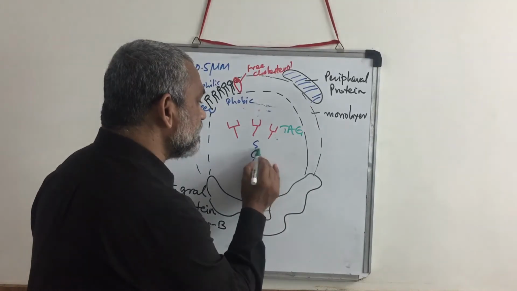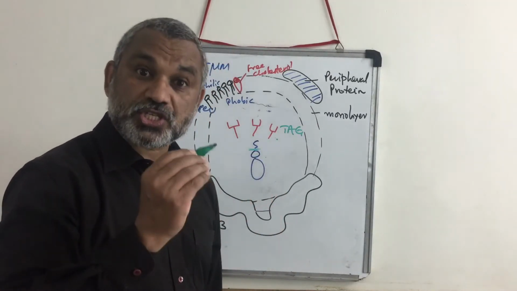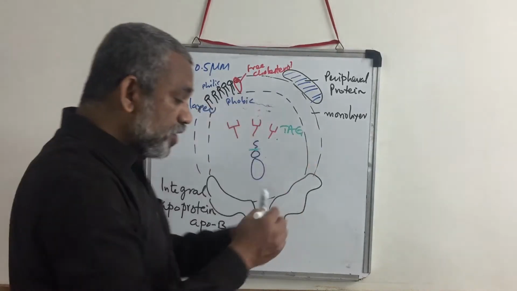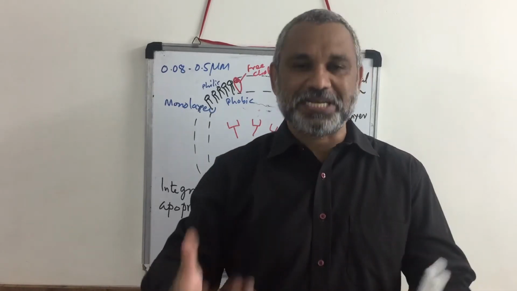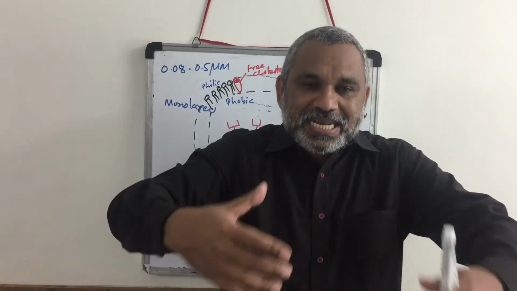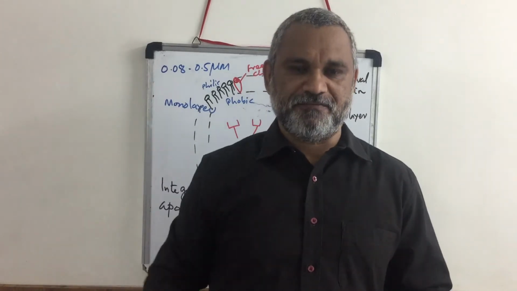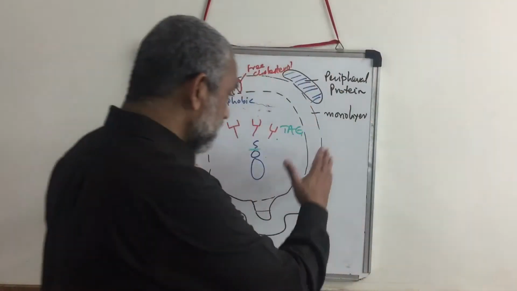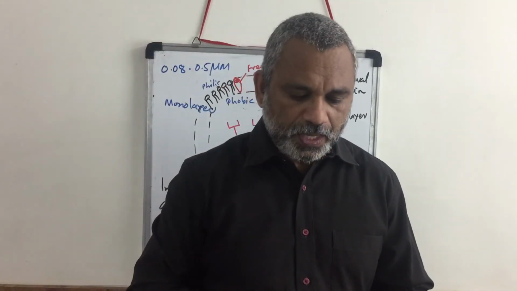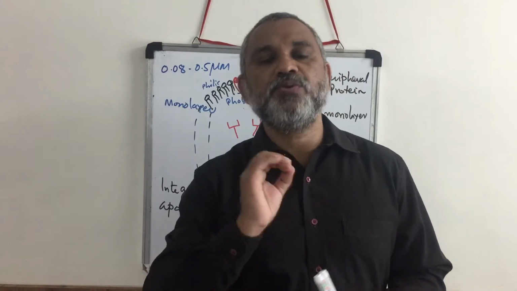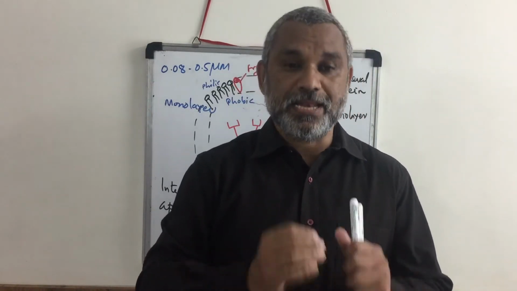We have seen that these are fatty acids attached to cholesterol molecules. So these molecules are packed inside. Now it is ready to be transported. It is released into the lymph and transported through the lymph. So this is the basic structure of chylomicrons, which are mainly used for transportation of exogenous lipids.